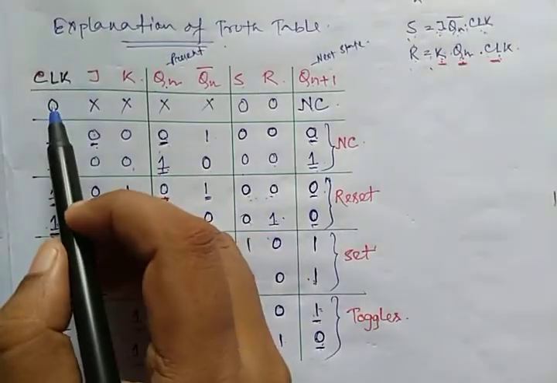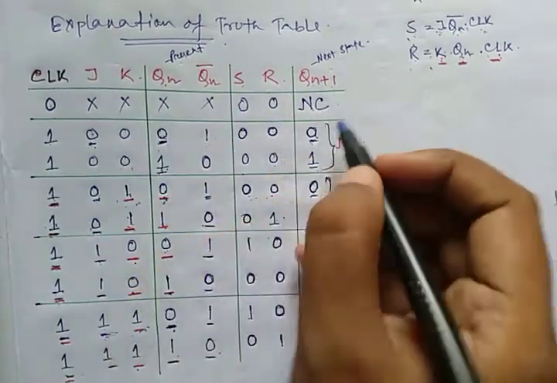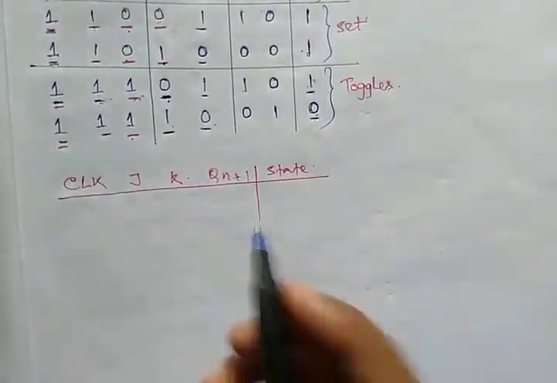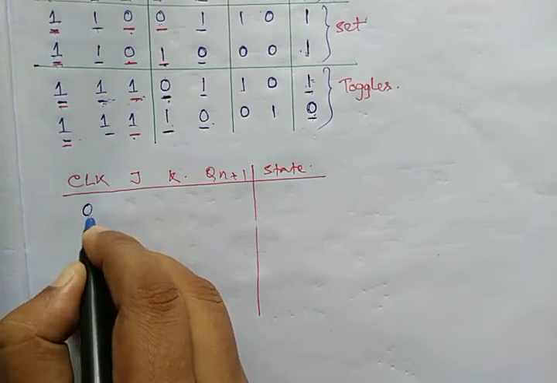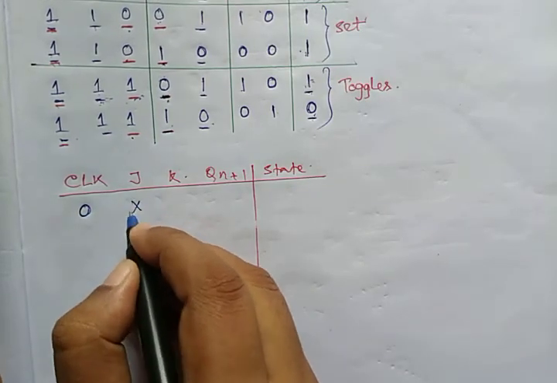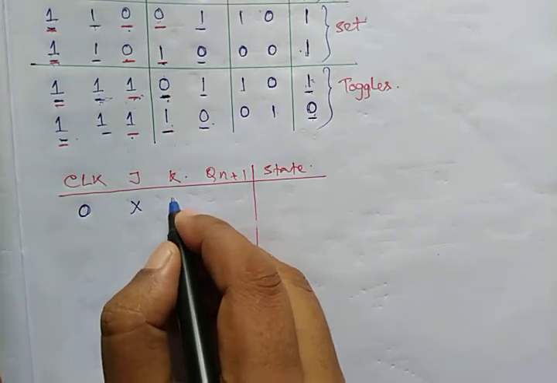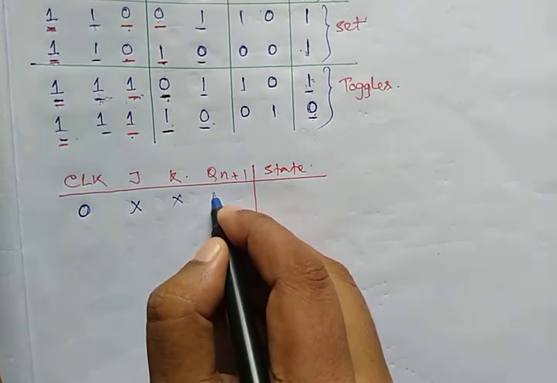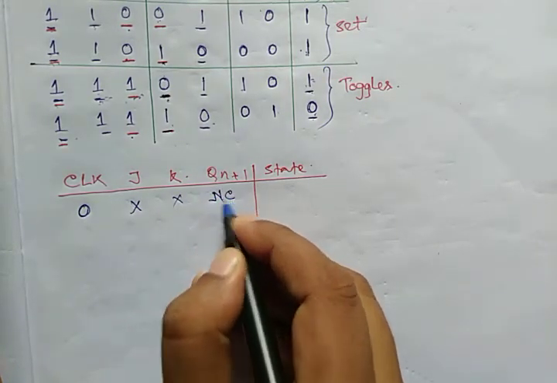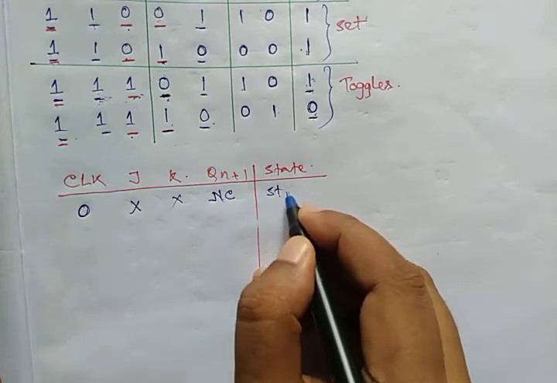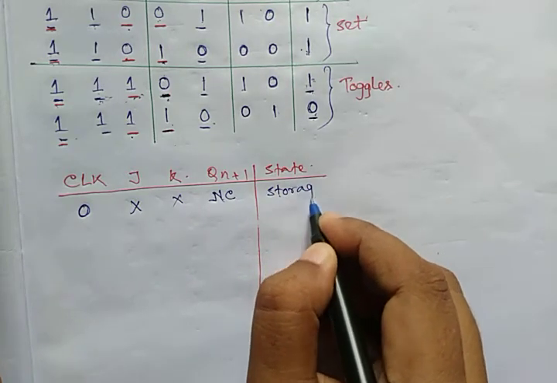In the first case, when clock is 0, whatever be the value, output is no change. So let us write, when clock is 0, whatever be the input of J and K, output is no change. That means previous. So we can say it is storage.